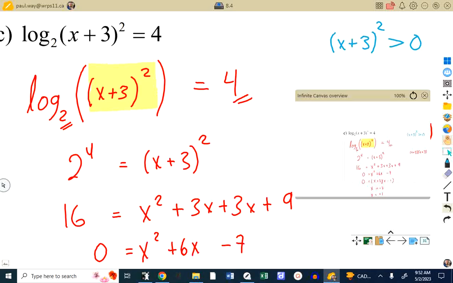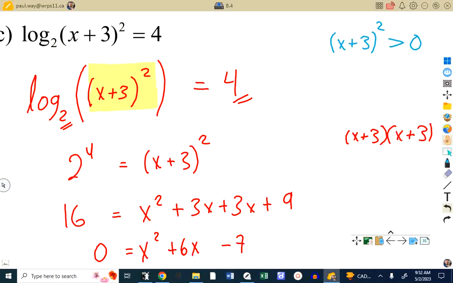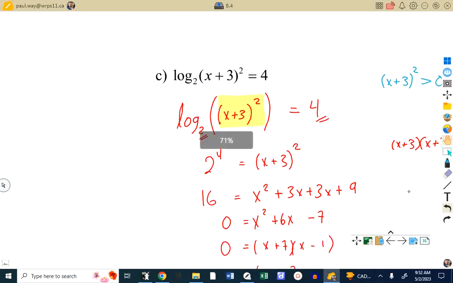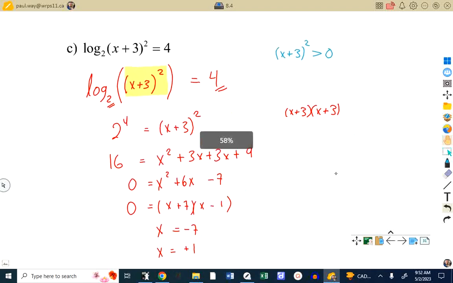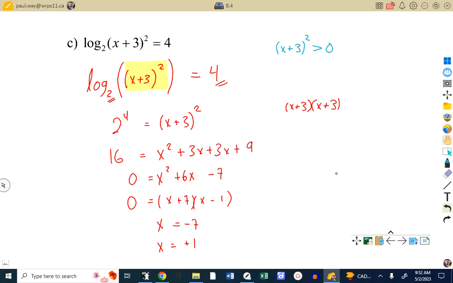All you need to do is say to yourself, will my solution of -7 result in a negative argument or a zero argument? And if it results in a zero argument or a negative argument, you throw it out. Will -7 result in an argument that's negative or zero?